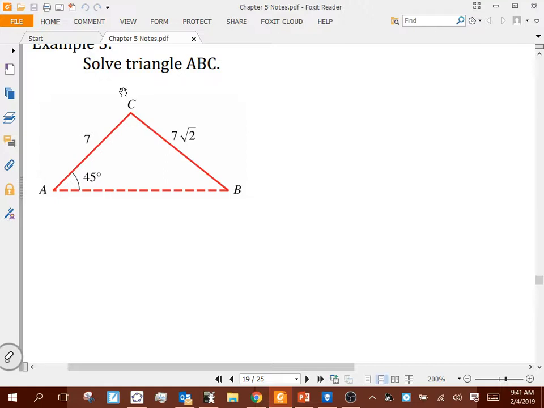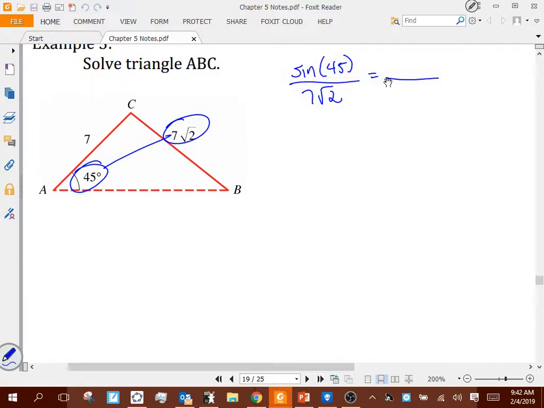Right now, I'm going to look at this stuff right here, and I'm going to say laws. It's not a right triangle, so I'm going to try law of sines. So I've got that and that, right? Those are opposite angles and distances, so I can say sine of 45 over 7 radical 2 is equal to, now, if that's what I'm using for that first ratio, what other value do I have to use in my second ratio?